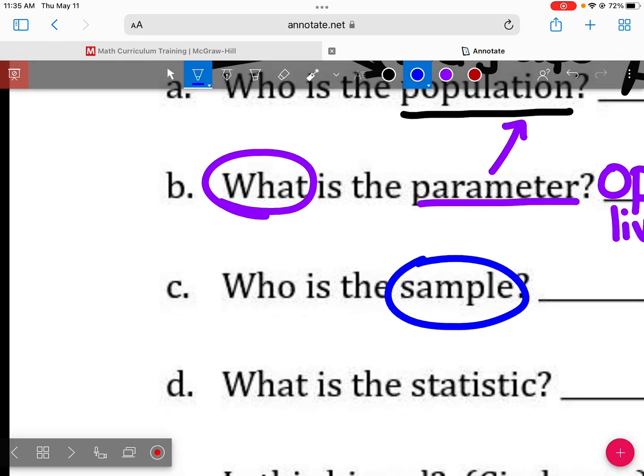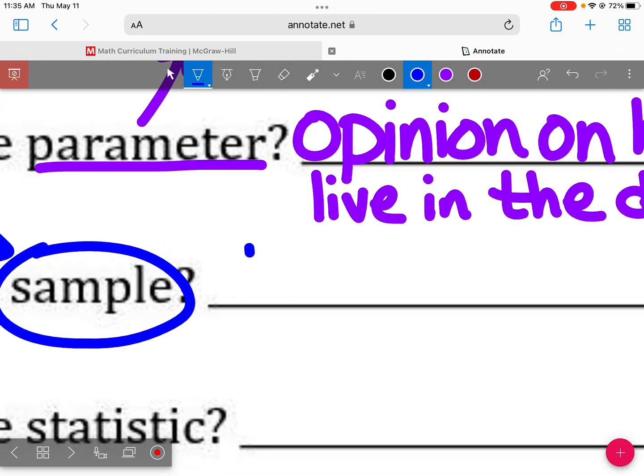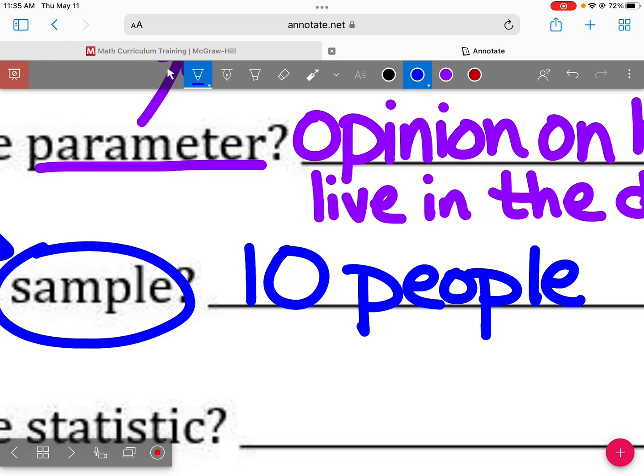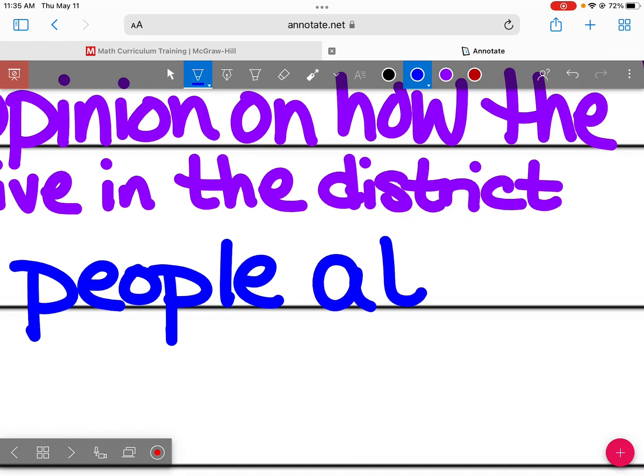This is who we actually talk to: 10 people at the school board meeting.